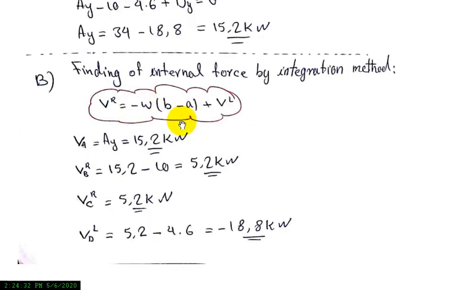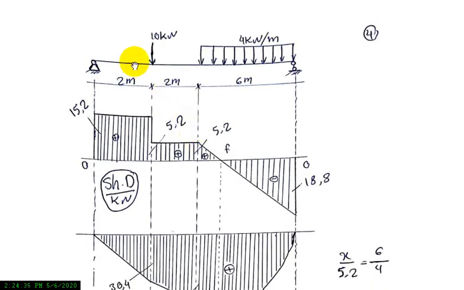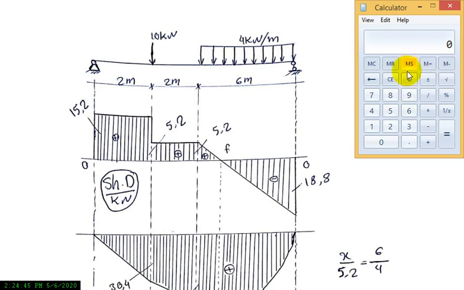Then there is no load, so we draw a horizontal line up to the 10 kilonewton joint load. After that we subtract from this line because the directions are opposite of each other, and we can write 15.2 minus 10 kilonewton equal to 5.2. Okay, we have found 5.2.